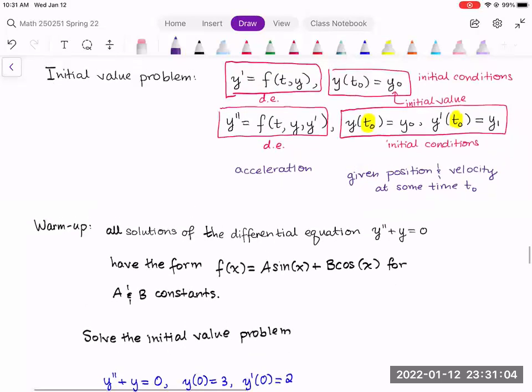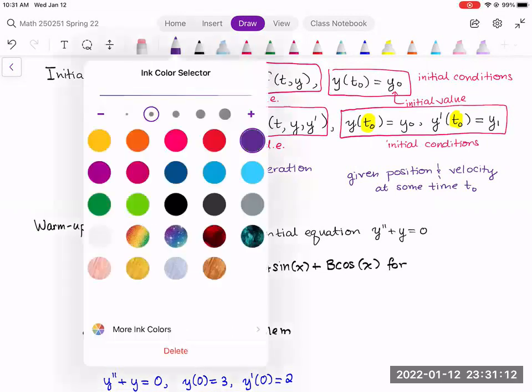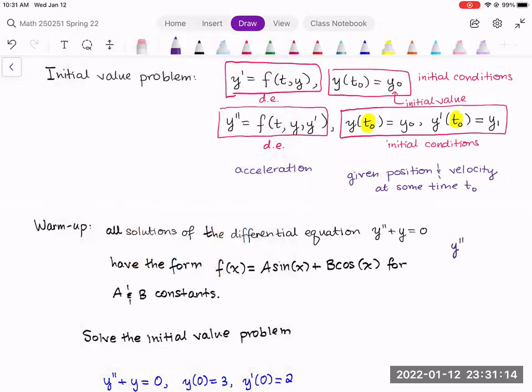Okay. All righty, so let's do a quick warm up with this. So all solutions of the differential equation, second derivative of y plus y equals 0. So this is some differential equation where our second derivative is negative the original function. And if you think for a minute about what that might look like, you may have in mind that if we think about our old friends sine and cosine, the first derivative of sine is cosine, the second derivative of sine is negative sine x.